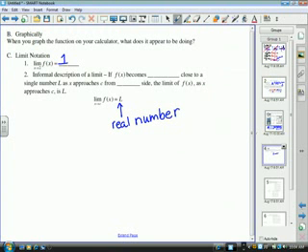To fill in the blank here: if f of x becomes arbitrarily close to a single number L as x approaches C from the right and left side, then the limit is going to be L.